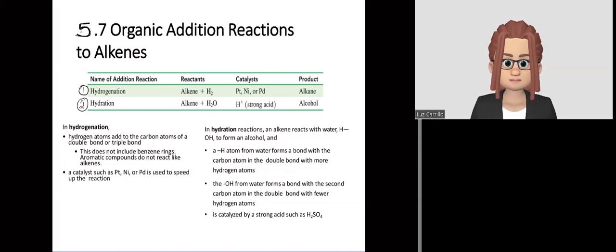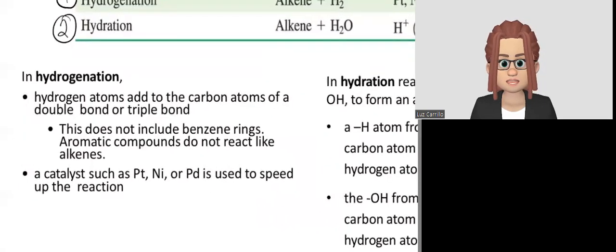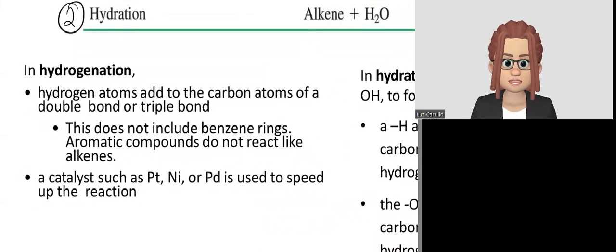So let's understand that in hydrogenation addition reactions, what happens overall is that the carbons that are either double bonded or triple bonded are going to receive the incoming hydrogens. That's why it results in the formation of an alkane. Understand that arenes can only be hydrogenated under very extreme conditions.